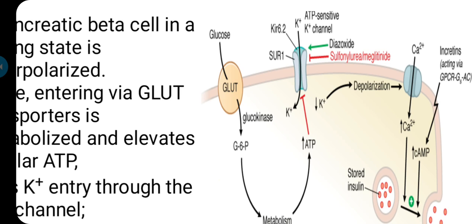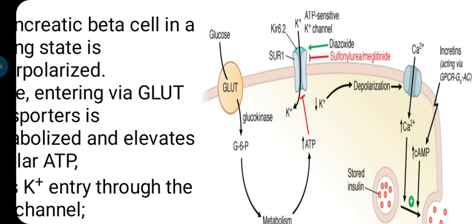So the result is inhibition of the potassium channel, and inhibition of the potassium channel will cause more entry of calcium, and ultimately there is more release of insulin due to exocytosis. So the sulfonylurea group of drugs acts by a similar mechanism as glucose. Glucose also helps in insulin release.